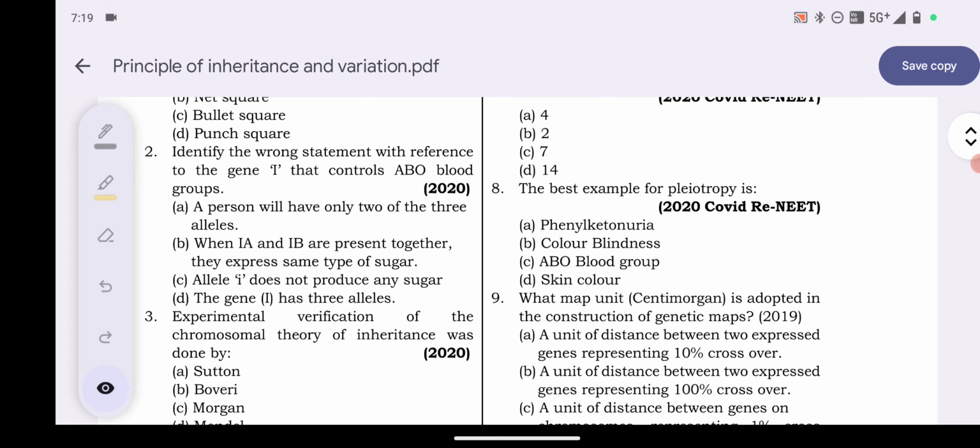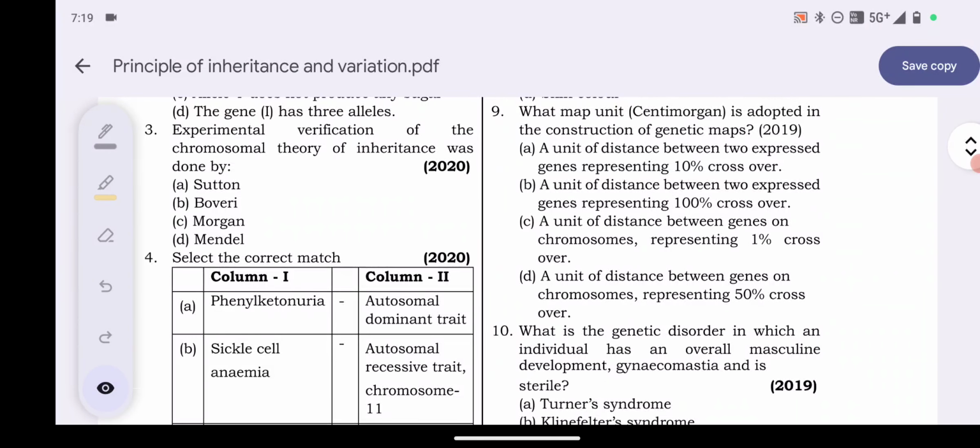Question number 3rd. This is a 2020 question. Experimental verification of the chromosomal theory of inheritance was done by T.H. Morgan, or we can say Thomas Hunt Morgan. Option C is your answer. Okay, Thomas Hunt Morgan and his colleagues performed experimental verification of the chromosomal theory of heredity.